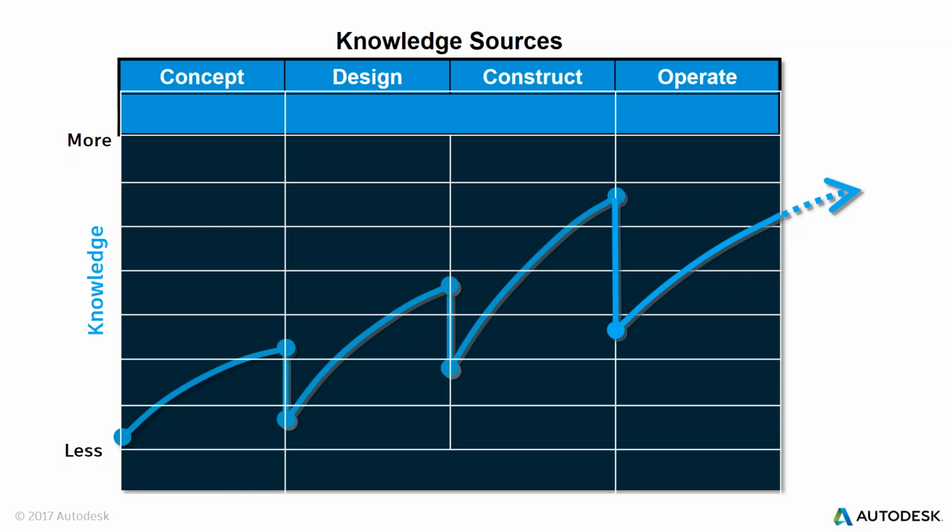Not everything is transferred to the next stage, and so on and so forth. And obviously our goal is to improve this. Our goal is to improve the flow of the information.